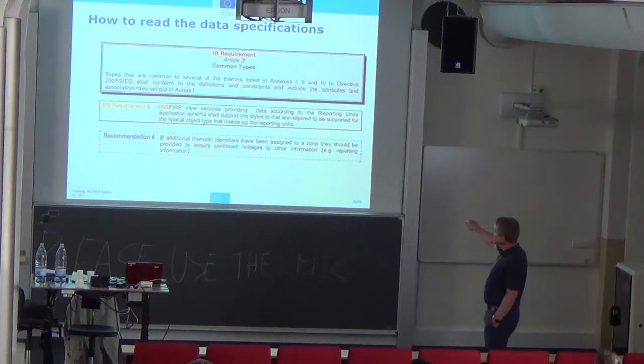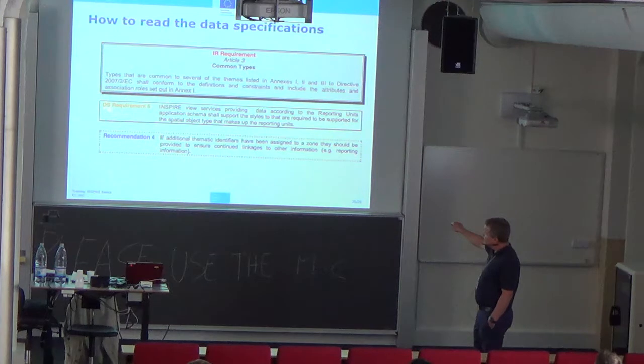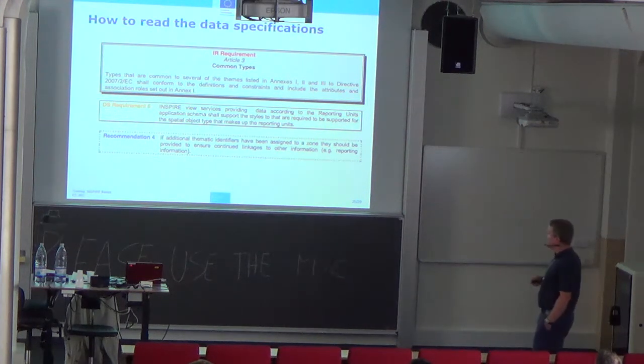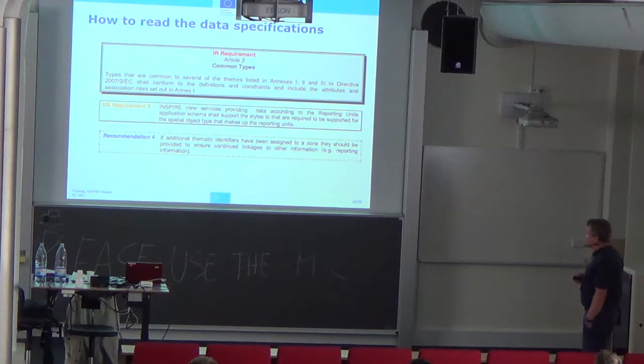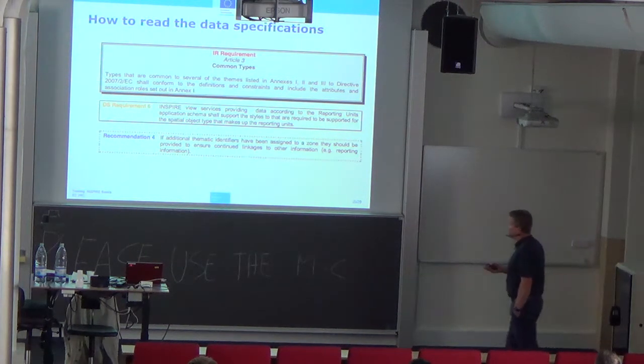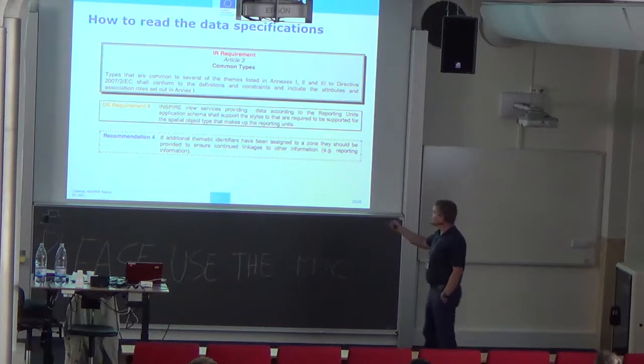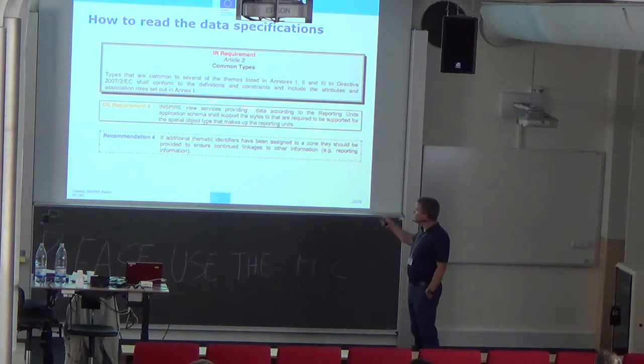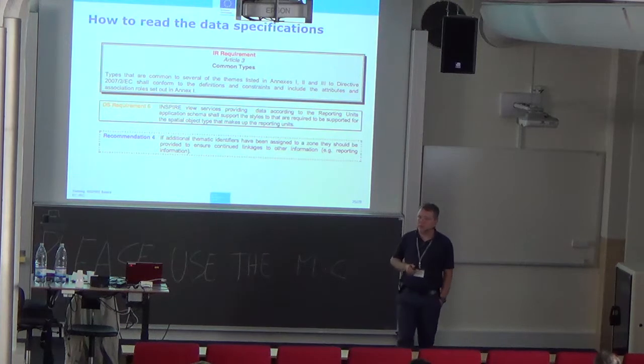But then you have another type of requirement, a data specification requirement. If you are using the technical data specifications, then you should also follow this requirement. You can avoid it, but then at the end you cannot say that you are conformant with the data specification.